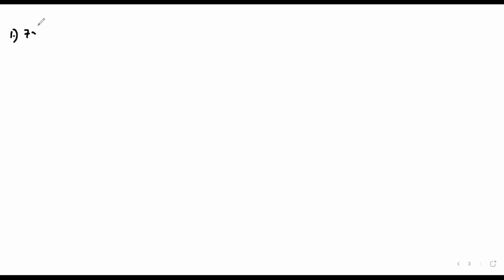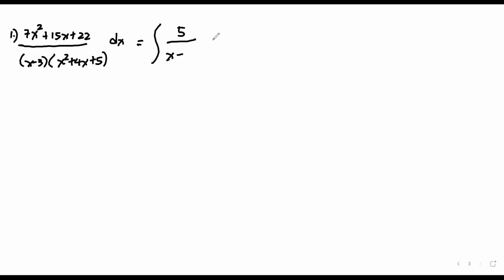So, you will have, again, 7x squared plus 15x plus 22 over x minus 3 times x squared plus 4x plus 5 dx equals integral of 5 over x minus 3 dx plus integral of 2x plus 4 minus 3 over x squared plus 4x plus 5 dx.